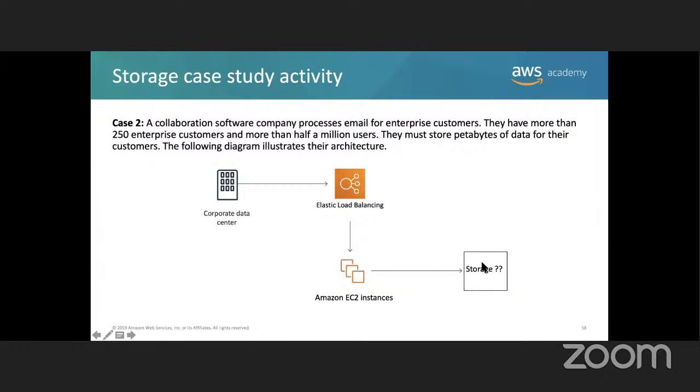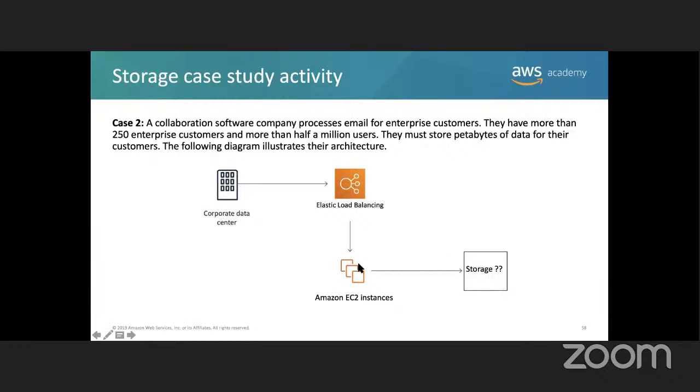It all depends on what you need. If you need a storage that can be shared across multiple availability zones, then you think about EFS. If it is only for one EC2 instance, then you use EBS.